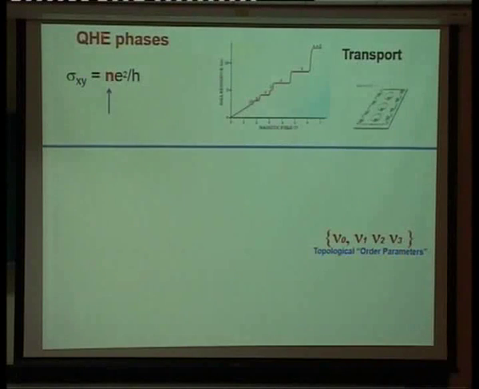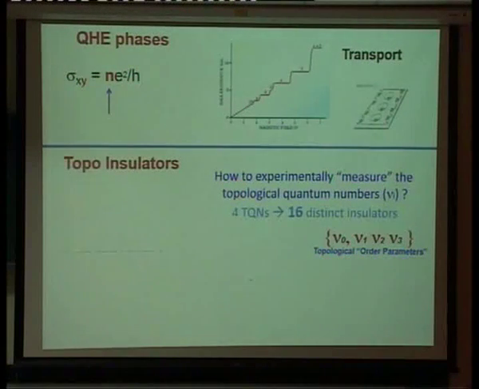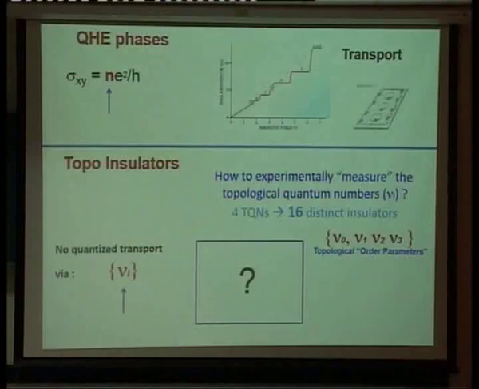Of course, in the quantum Hall state, the topological quantum number is the Chern number. In the topological insulator case, there are subtle things because now they're like Chern parity. They're related to the parity of the wave function, and that generates these four invariants.